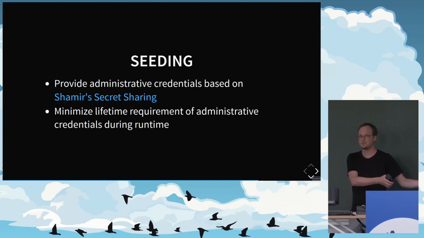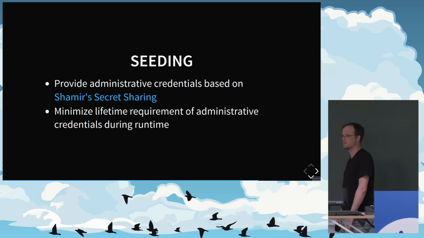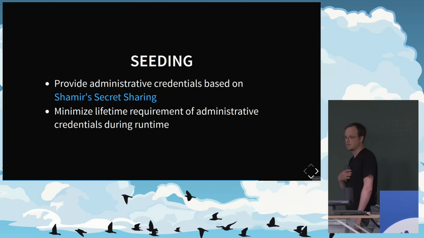These parts are given to individuals in the community and/or in the distribution, which means that you need n out of m parts to actually do anything later on, to reconfigure the HSM and/or to do anything with it, right? That allows us to not have such a bus factor, and it allows us also not to rely on people to be always around, etc. So the load is shared basically.